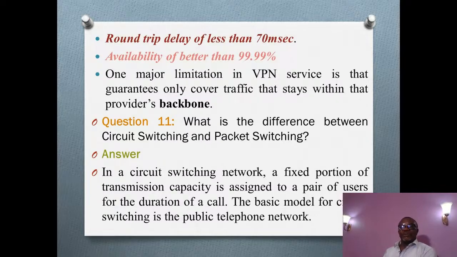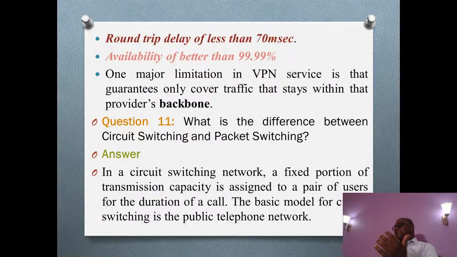So one major limitation in VPN service is that guarantees only cover traffic that stays within that provider's backbone. In other words, immediately your traffic goes from one backbone to the other, guarantees can no longer be given, because as we said at the beginning, each service provider or each backbone engineers its own technology.